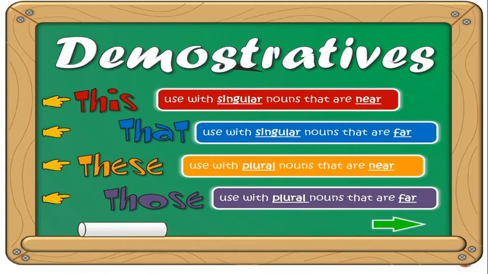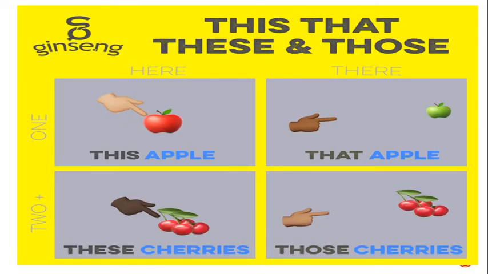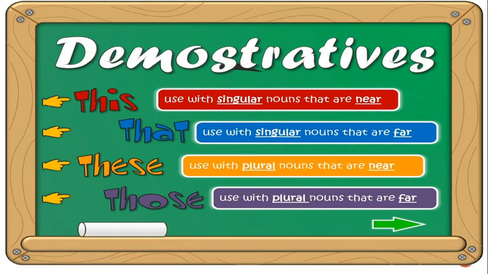We use 'these' with plural nouns that are near. We use 'those' with plural nouns that are far. So these are demonstratives: this apple, that apple, these cherries, those cherries. Please listen carefully.